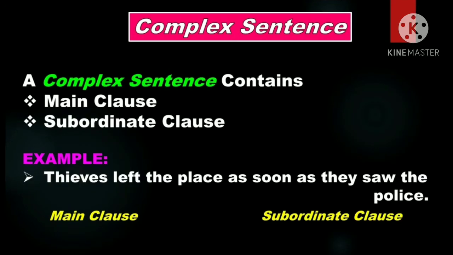And the next one is the complex sentence. When a main clause and a subordinate clause are joined, then a complex sentence is formed. So, a complex sentence usually contains a main clause and at least one subordinate clause linked by a subordinating conjunction.